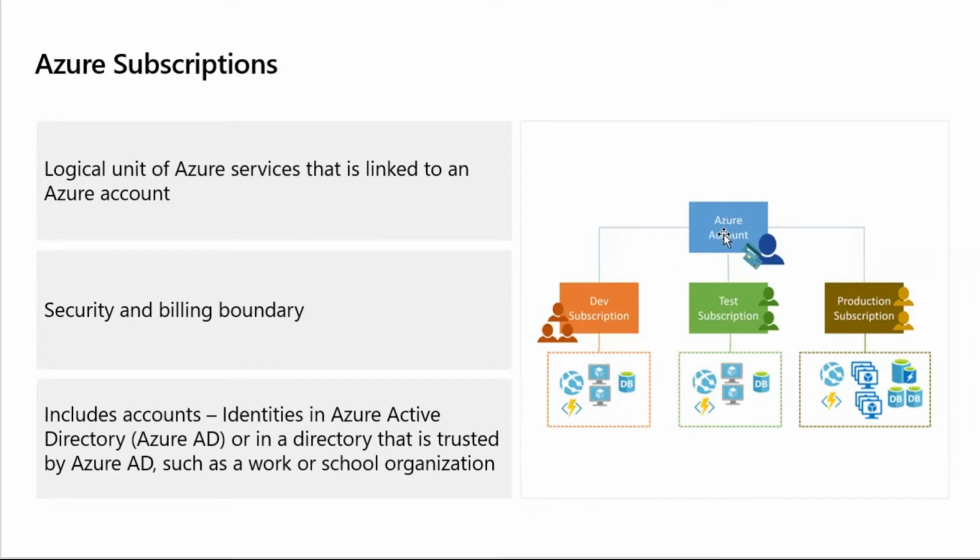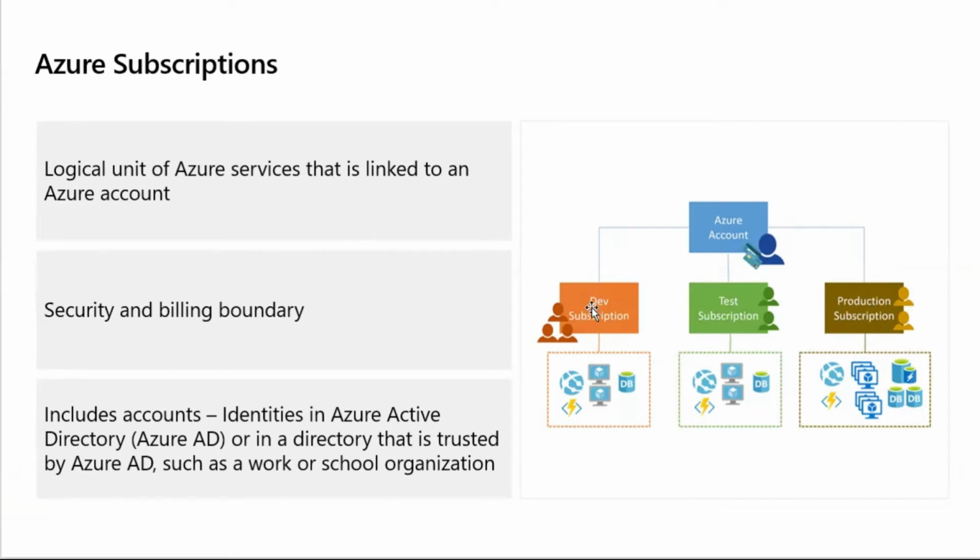So let's say we create one account, but the account will be related with some subscriptions. It could be one subscription or it could be more than one. Usually you can create one for development purposes, one for test, and one for production.